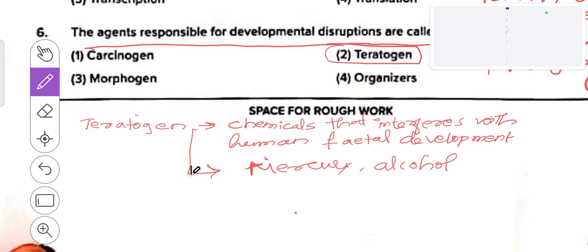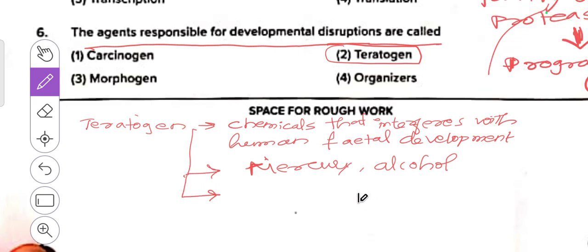When a woman is pregnant, she should avoid harmful molecules like alcohol, cigarettes, and mercury. These are commonly called teratogens, and they affect the developmental stages of an embryo or fetus. So they may cause birth defects.